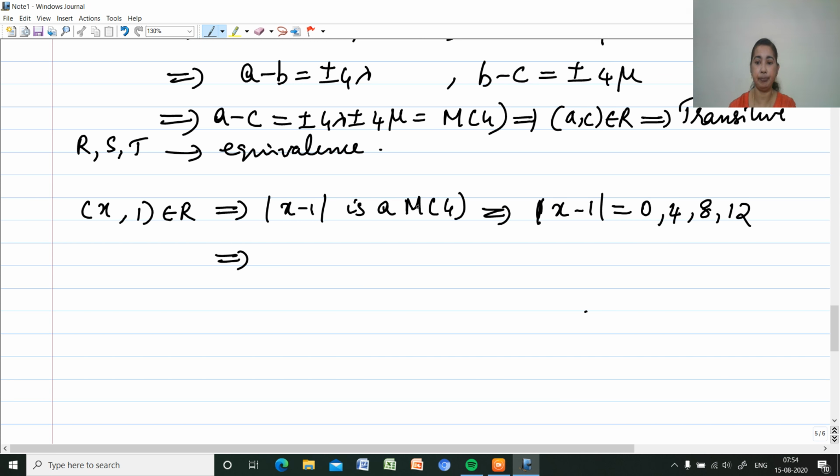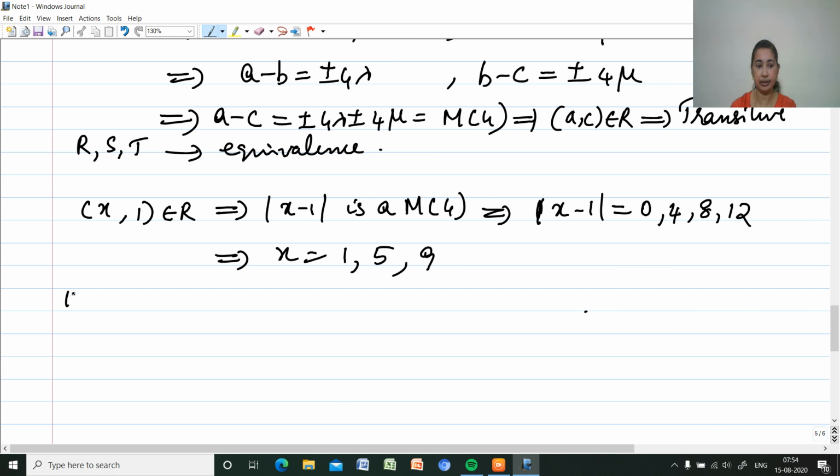That means x can take the values either 1, then if x minus 1 is equal to 4, x can take the value 5, if it is 8, x can take the value 9, if it is 12, it will be taking 13 which is not there in the set, so x can only take 1, 5 and 9.